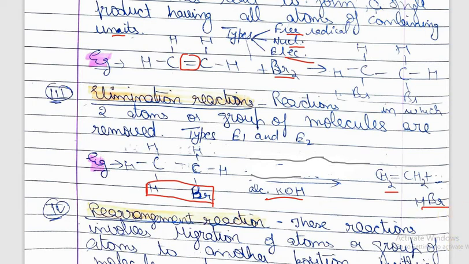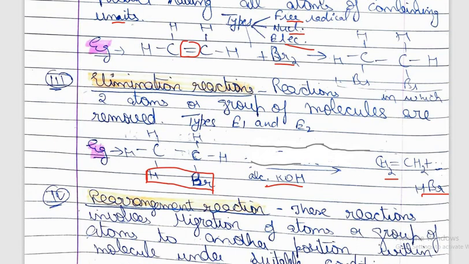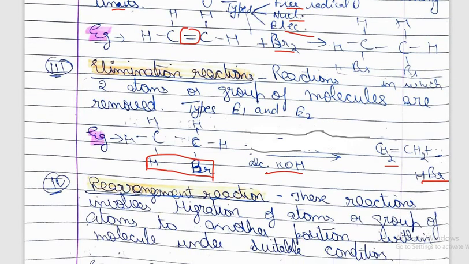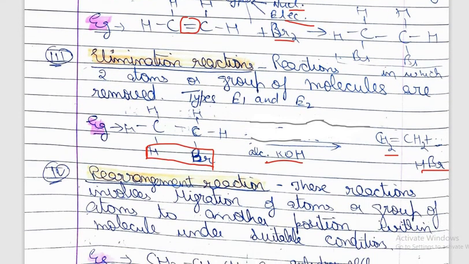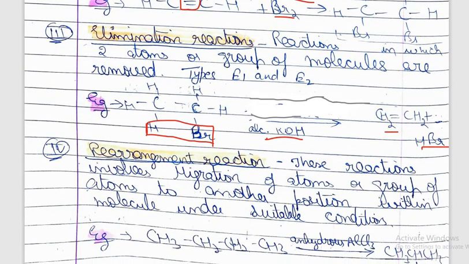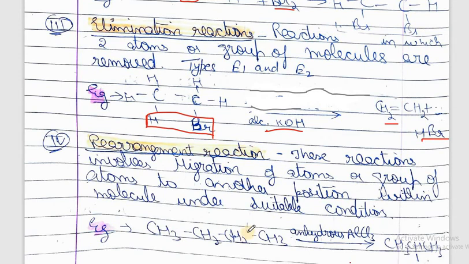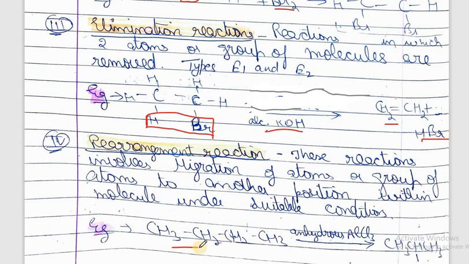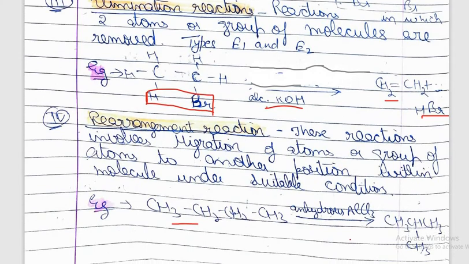And next is the rearrangement reaction. As the name indicates, the atoms or groups present in the molecule rearrange in the presence of something. If we take this example, CH3CH2CH2CH3, that is normal butane, it rearranges in the presence of anhydrous aluminium chloride to give this branched structure.